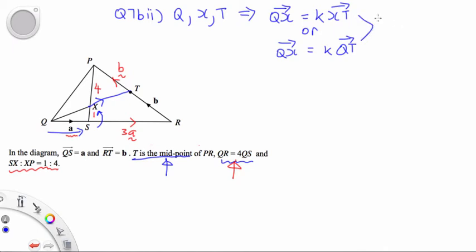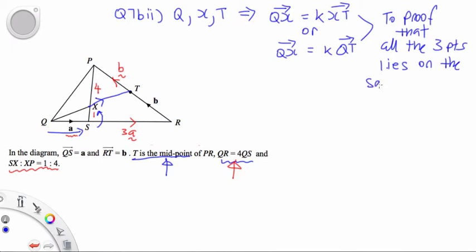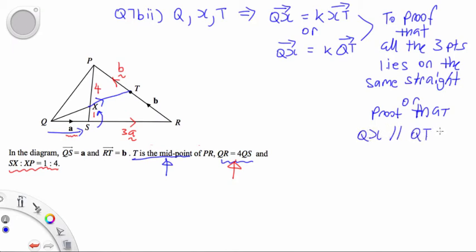You need to show this working to prove that all the 3 points lie on the same straight line, or prove that QX is parallel to QT, or QX is parallel to XT.